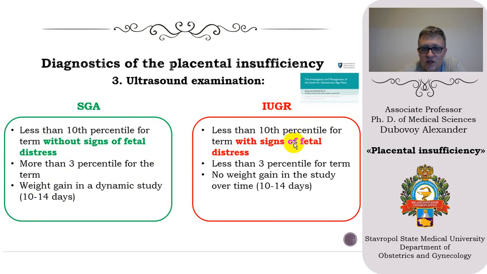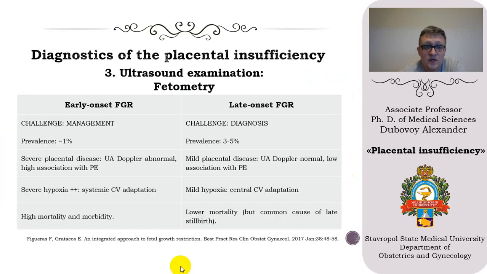Intrauterine growth restriction: less than the 10th percentile for term with signs of fetal distress, less than the 3rd percentile for term, and no weight gain in the study over time, 10-14 days, in 2 weeks.